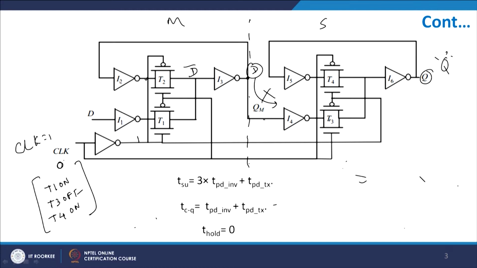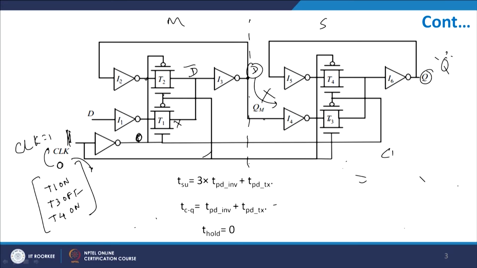Now, when clock goes from 0 to 1, this clock goes to 1, this goes to 0. When this goes to 0, you are ensuring that this 1 actually comes here as 0. When you put 0 here, then you are switching off T1.